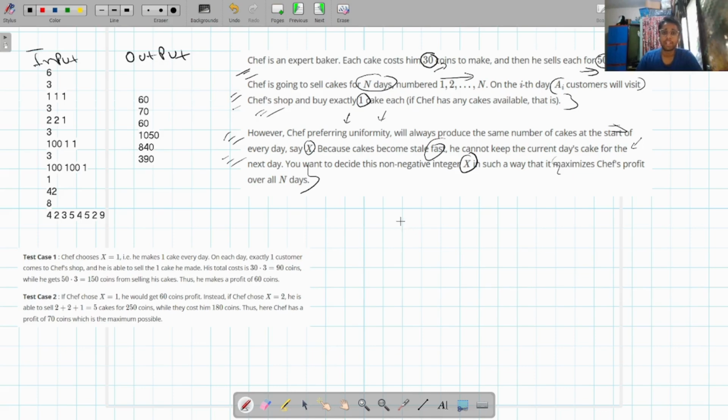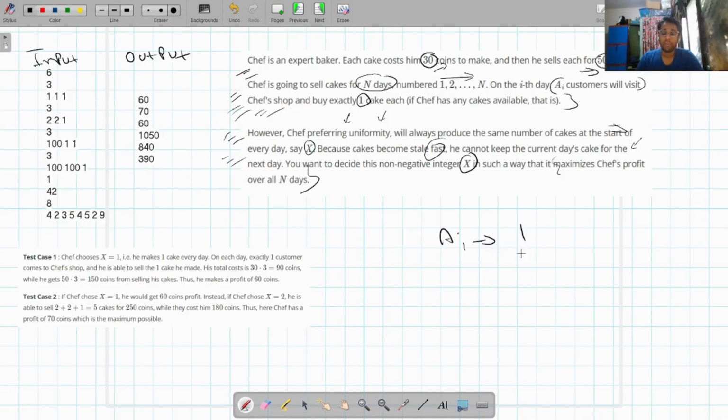So basically, the question is pretty simple, guys. It says that Chef wants to sell the cake for n days, and a_i customers will visit Chef's shop, and all of them on the ith day will buy one cake, right?